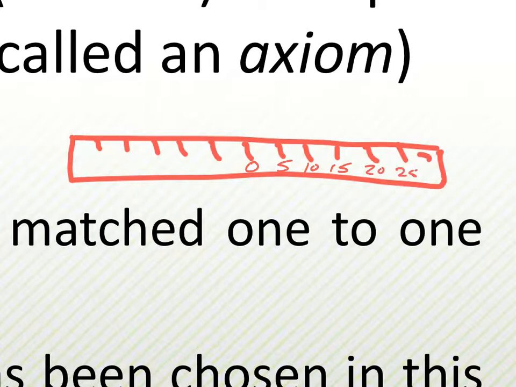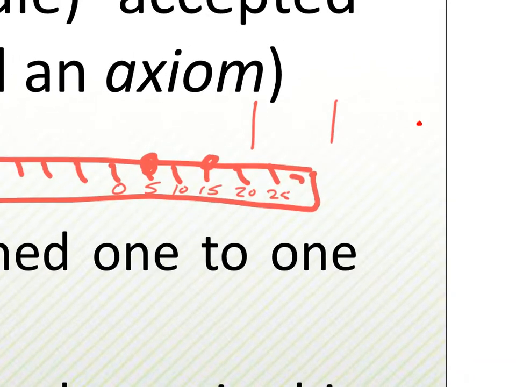Once I choose a unit, if I want to know how far it is from here to here, all I need to do is subtract the two numbers and take the absolute value. Now, I don't care whether you do 5 minus 15 or 15 minus 5. You do whatever's best for you. They're going to come up with the same number as long as we use the absolute value. 15 minus 5 is 10. The absolute value of 10 is 10. It is 10 units apart there. There are 10 units in between those two things.